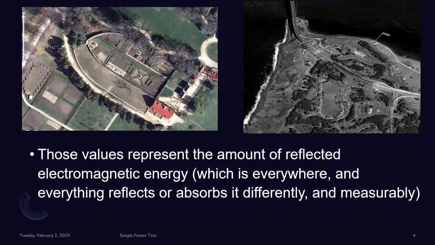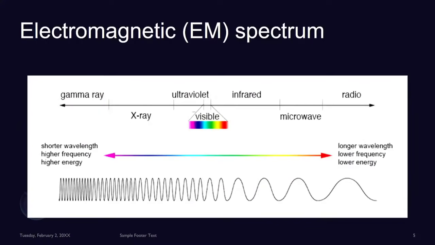The sun is the source of that electromagnetic radiation, and all the features on the Earth's surface reflect some energy from it. The sensor captures that information, and it is processed and displayed as an image. The value of the energy reflected by a surface depends on the different properties of the feature we are looking at.